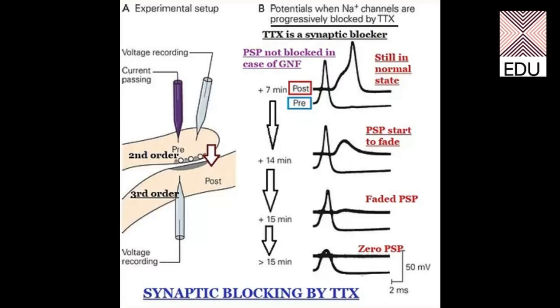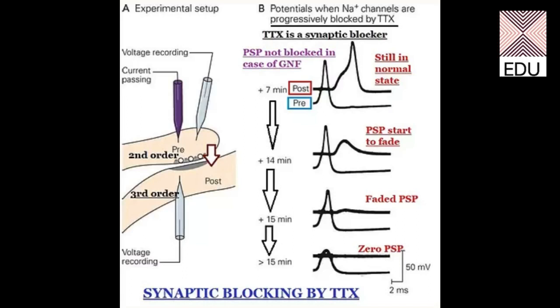So here also you can see an increased postsynaptic potential in comparison to the presynaptic potential, even in the presence of the TTX. So the case is still normal. That means PSP, the postsynaptic potential, is not blocked in the case of the giant nerve fibers, even by the TTX.